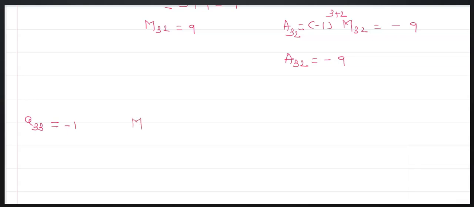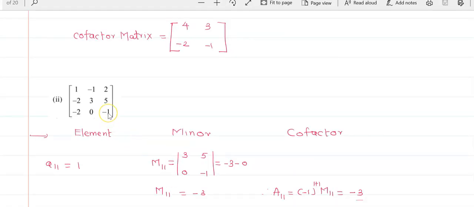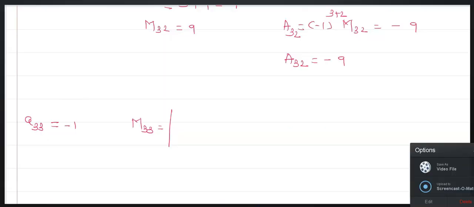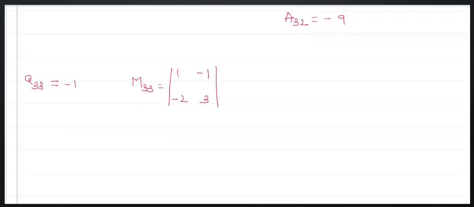The last element is A33. A33 is equal to minus 1, and its minor is, see this, how to find it. Now this is minus 1, A33. Now see this in upward direction and in horizontal. You will get 1, minus 1, minus 2 and 3. That is equal to 3 minus 2.